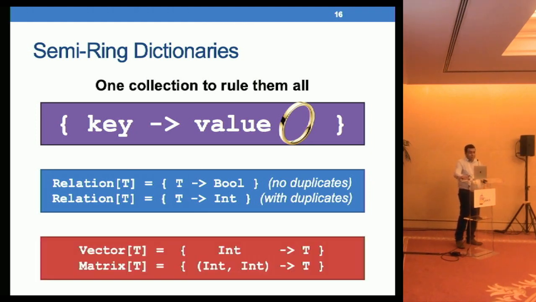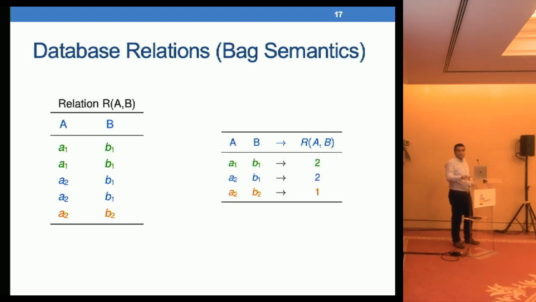Also, on the linear algebra side, a vector is a dictionary from the indices to the value, and a matrix is a dictionary from the pair of indices to the value. So visually, consider the following relation, and you can see that it's with the bag semantic. Thus, we have several duplicates. So you can see that A1, B1 is mapped to 2.